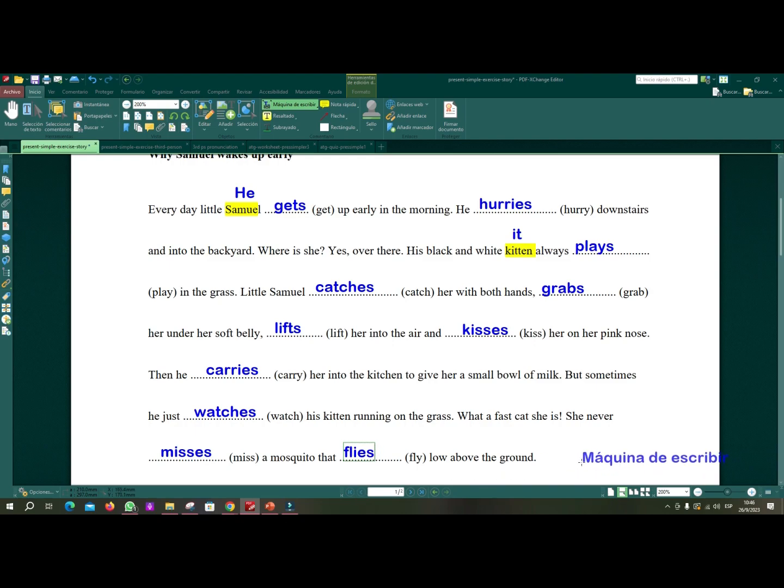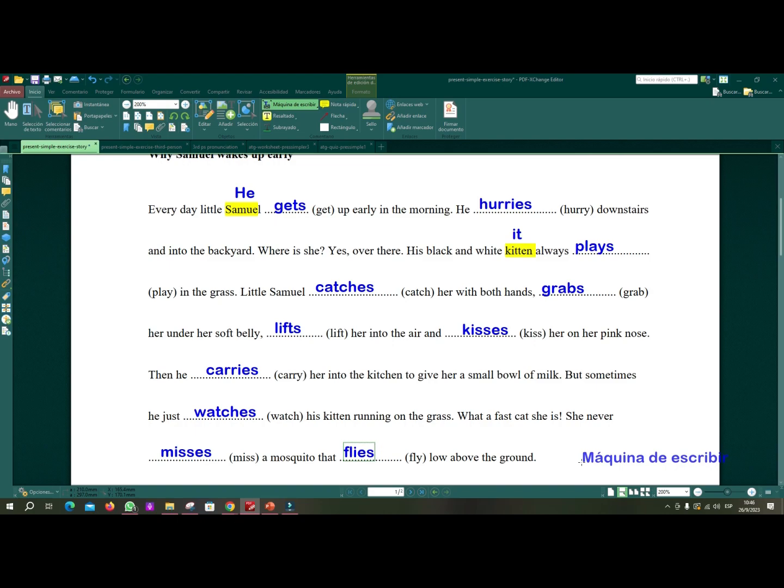So listen. Every day, little Samuel gets up early in the morning. He hurries downstairs and into the backyard. Where is she? Yes, over there. His black and white kitten always plays in the grass. Little Samuel catches her with both hands, grabs her under her soft belly, lifts her into the air and kisses her on her pink nose.